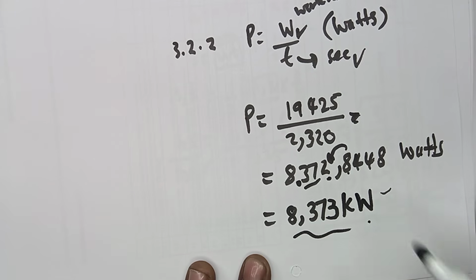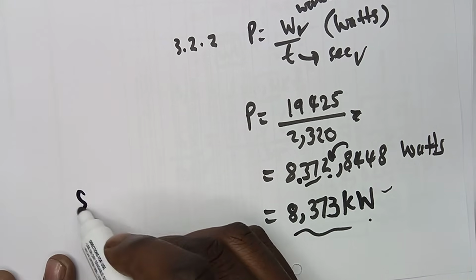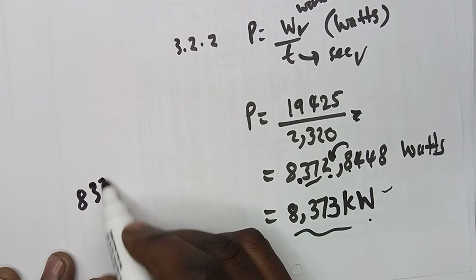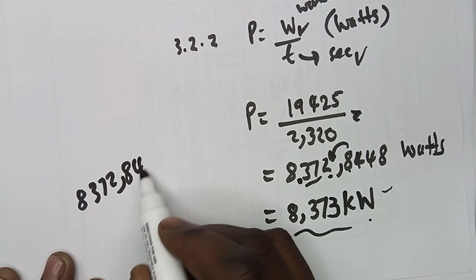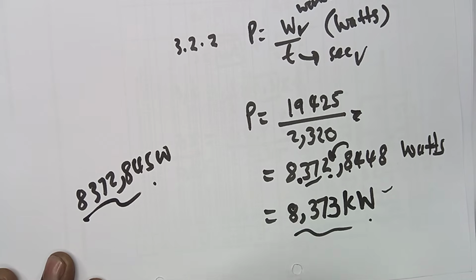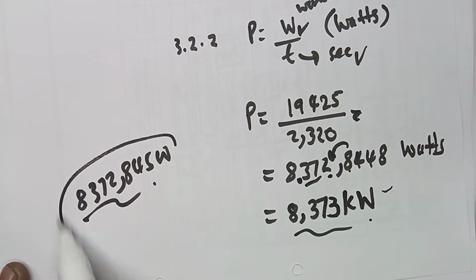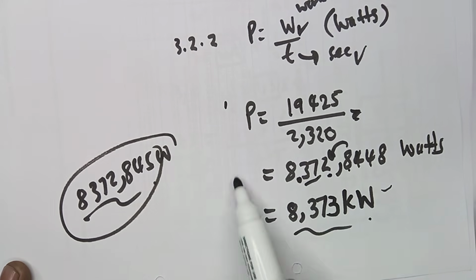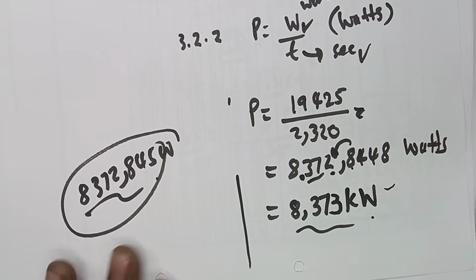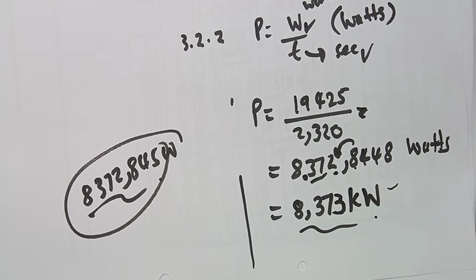Yeah, makes sense. Now we can just put it in watts, like 8372,845 watts if you want to put it in watts. But guys, just look at the presentation. But anyways, it's one and the same thing actually. Don't freak out, guys. Just one and the same thing.